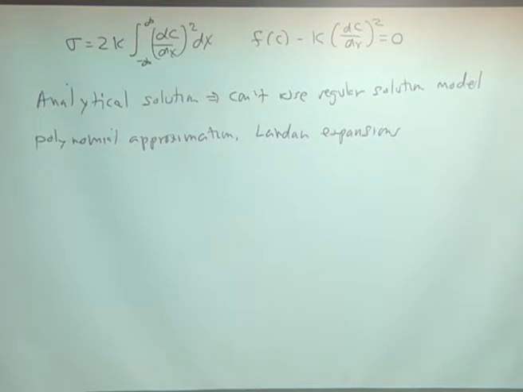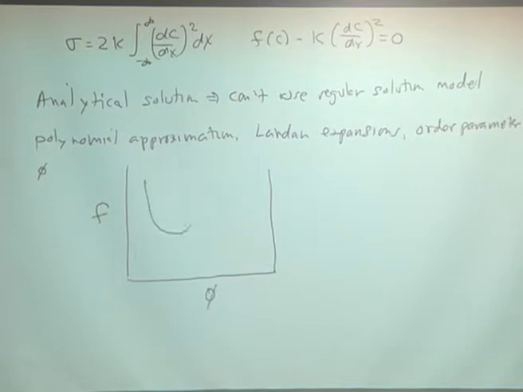We're going to couch this in terms of an order parameter, phi, and the free energy is a function of phi, looks like this. And the equilibrium phases are given by 0 and 1.